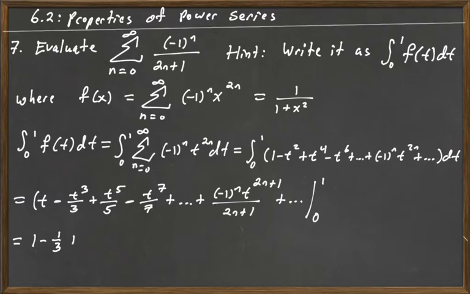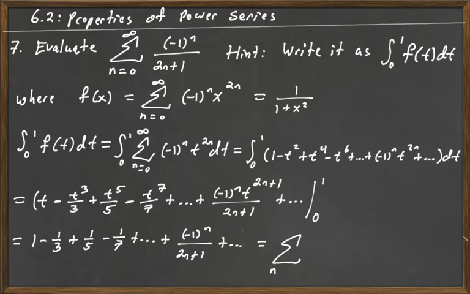So that's going to give us 1 minus 1/3 plus 1/5 minus 1/7 plus dot dot dot, negative 1 to the n, 1 to the 2n plus 1 is just 1, all over 2n plus 1 plus dot dot dot.